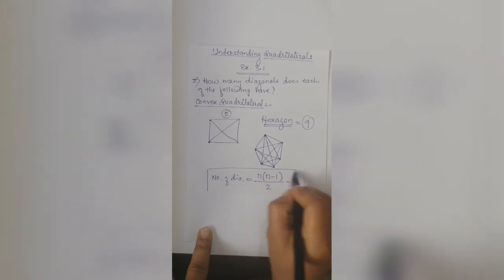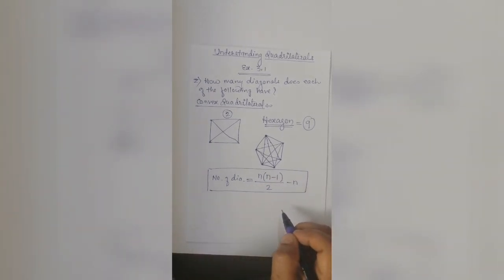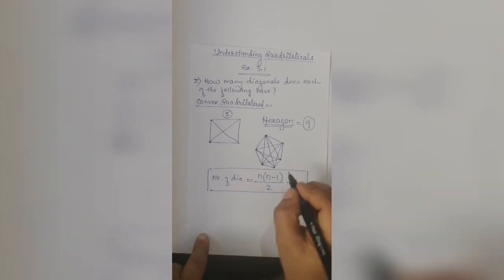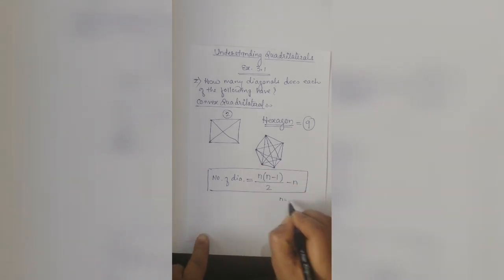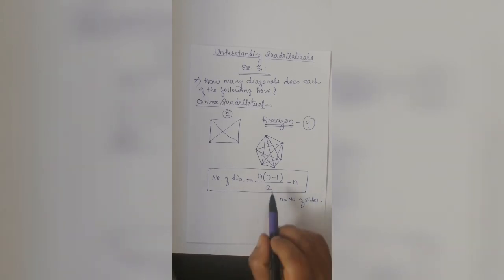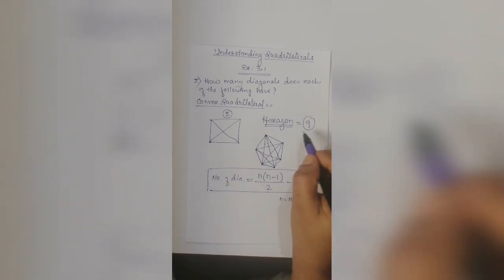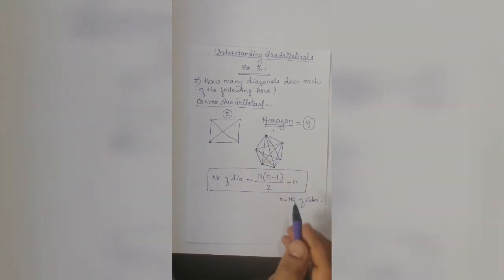This is the formula to find the number of diagonals. Here n is equal to the number of sides. Now we will find it for the hexagon.